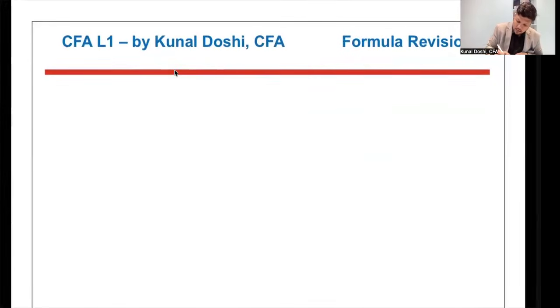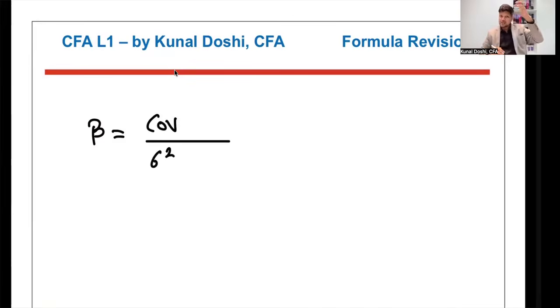Quickly tell me the beta formula. We discussed that beta is nothing but covariance over variance. In linear regression, we use X and Y. Here we say covariance of stock and market over variance of market.